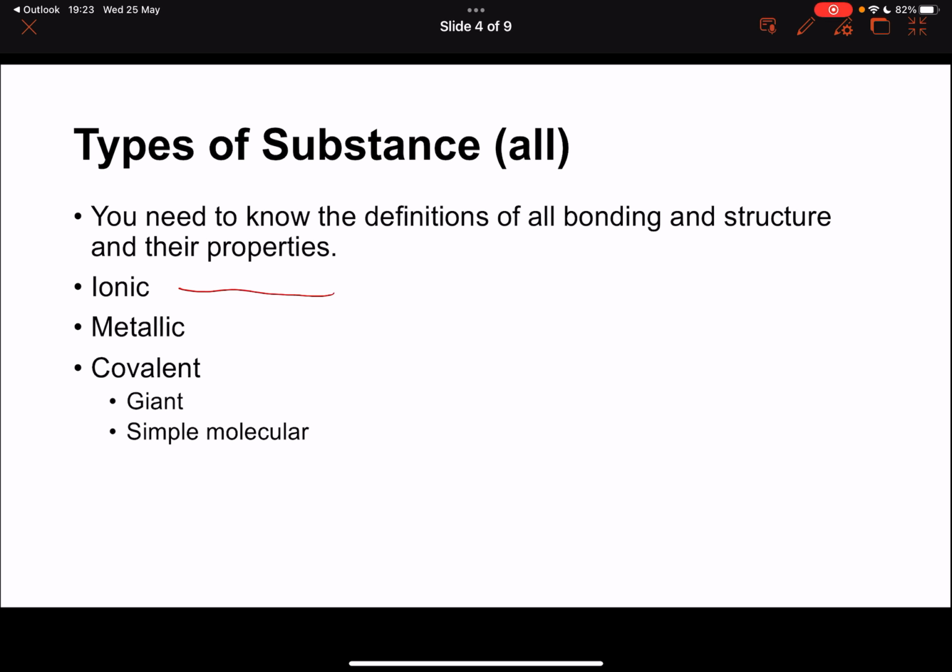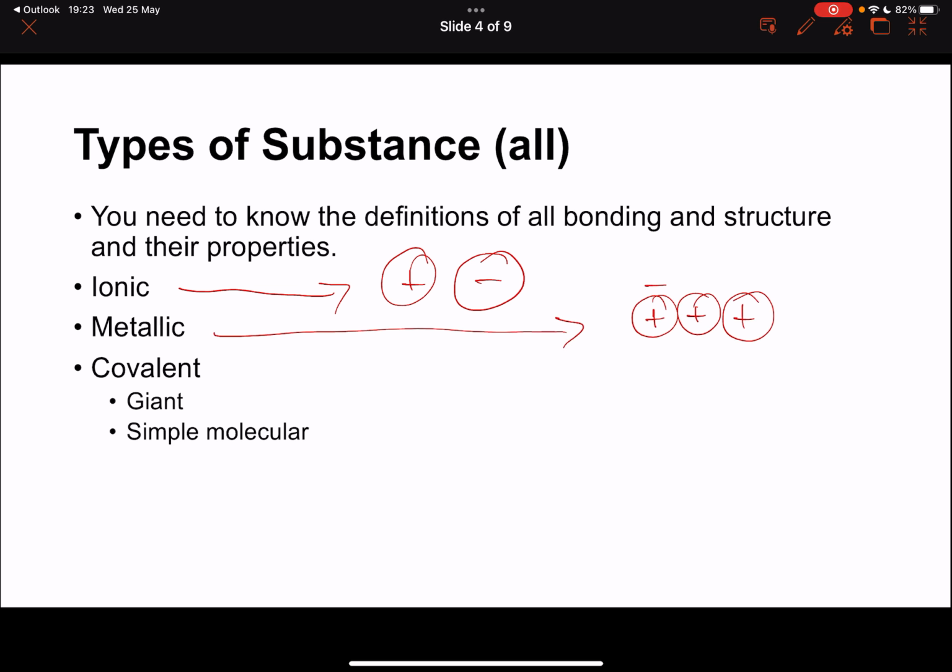So ionic means positive ion and negative ion, a force of attraction which is very strong. Metallic means a positive metal ion in a sea of delocalized electrons, a strong force of attraction, so lots of energy is needed to break the metallic bonds, giving a high melting and boiling point.